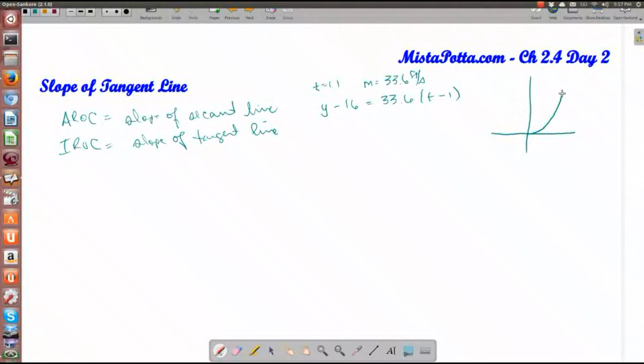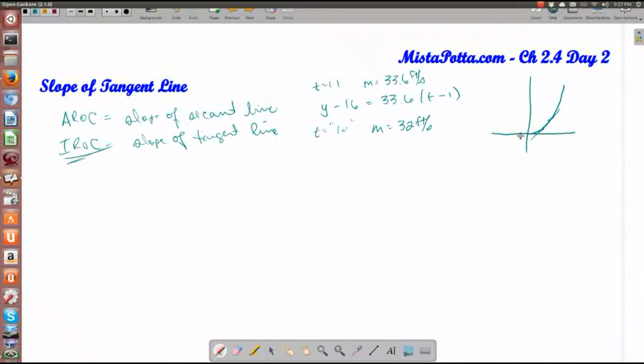But this was a secant line because it would actually go between 2 points on my curve, even though they were 1.1 units away. It's very close to a tangent line, but it still passes through 2 points. But now if I take a look at what happened at my 1.0, which I could determine using the limit process, my slope ended up being 32 feet per second.